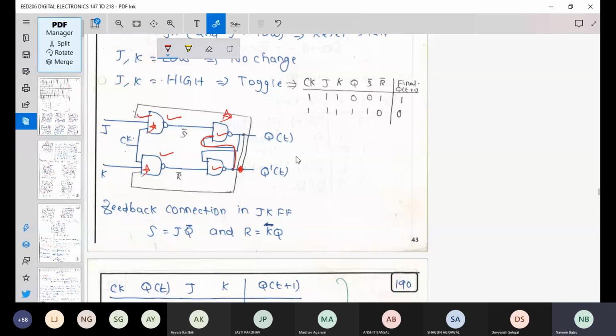So what will happen is this gate will behave improperly because it is already having an output here. And if this output is 0, these gates will be sensitive, because what is the truth table for a NAND gate? When any input is 0, it will create an output.